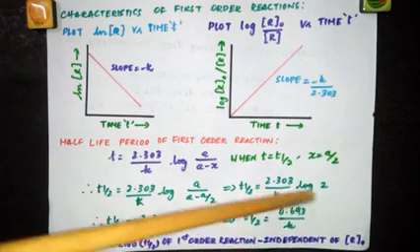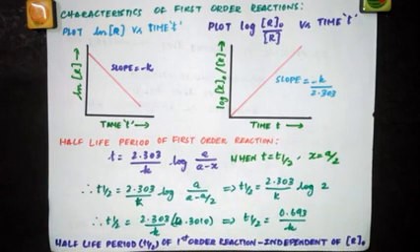But here we don't have any initial concentration. So you can conclude half-life period of a first order reaction is independent of the initial concentration. So no matter what concentration of the reactant you take, half-life period of a first order reaction does not depend upon that concentration. But in the case of zero order, the half-life period depends upon the initial concentration.